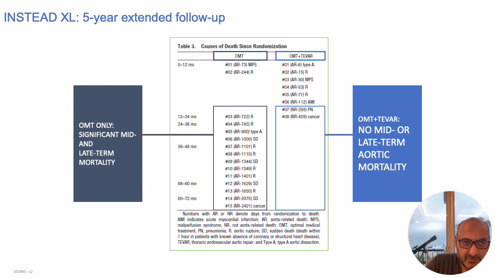These patients die more if you don't treat them with TEVAR, but if you treat them with TEVAR, they live longer, essentially. So optimal medical therapy and TEVAR has less long-term mortality in this trial than medical therapy alone. And that was an eye-opener.